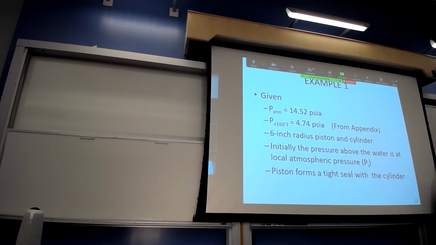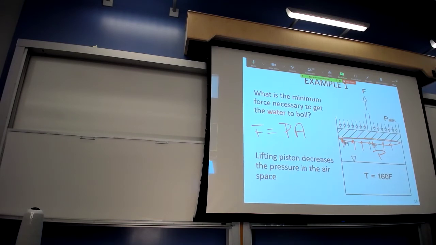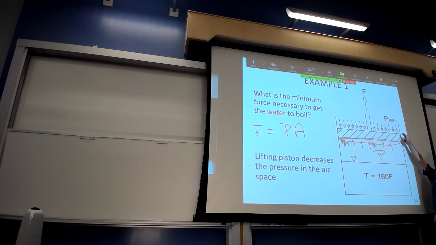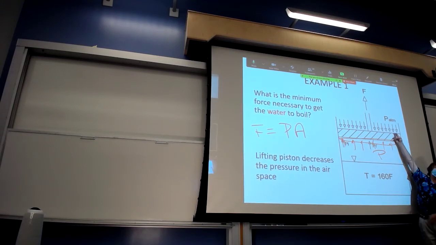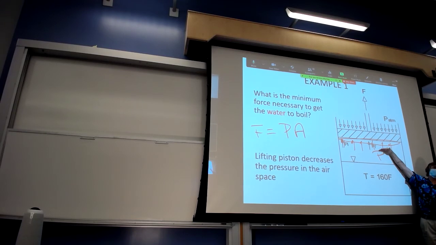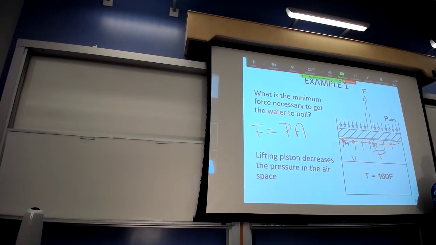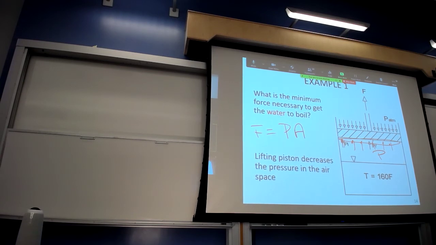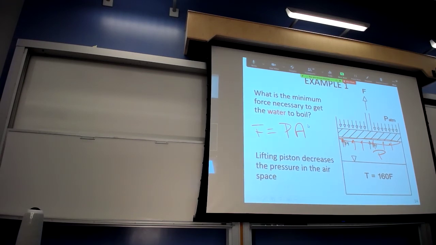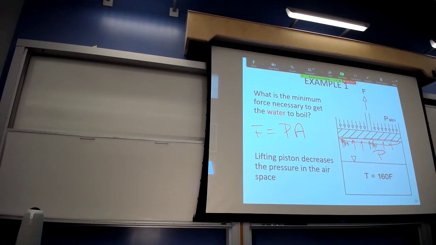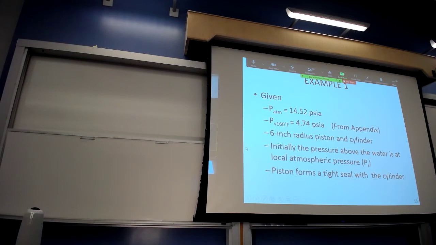Then when you flip back, you have a difference in pressure across the piston: atmospheric pressure on the top, vapor pressure on the bottom. The difference in pressure times the area of the piston is the force. So the force is equal to the difference in pressure across the piston times the area.